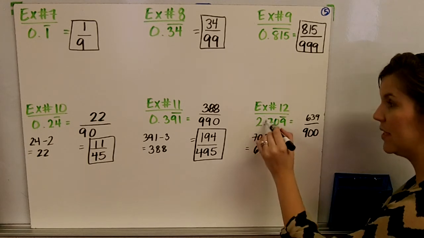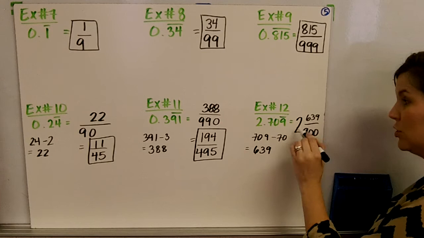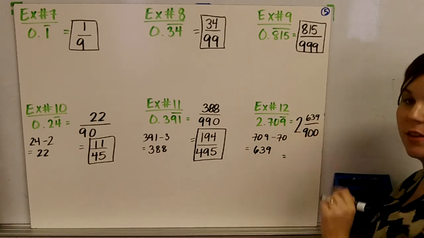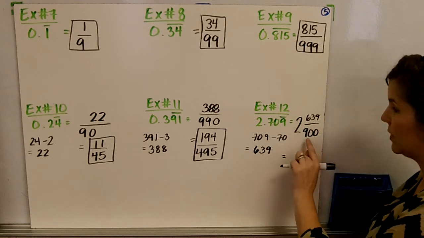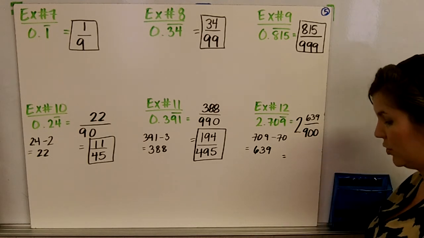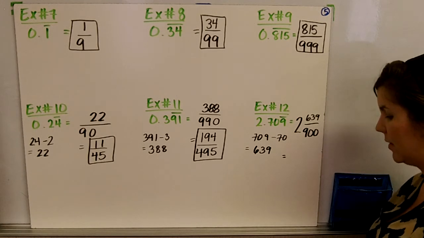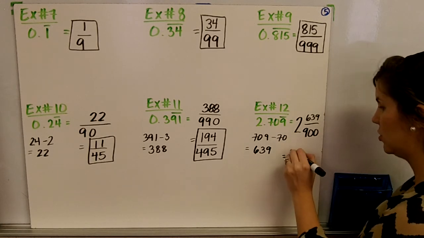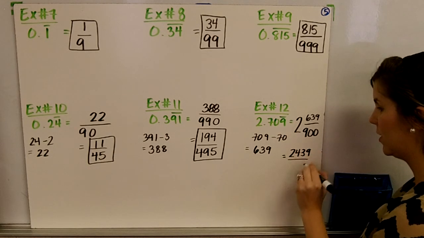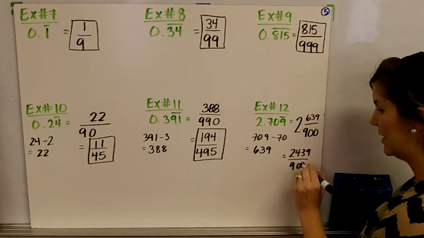All right. Now this 2 is still a whole number, so it's 2 and 639 over 900. We're going to convert this to an improper fraction, so we say 900 times 2 plus the numerator, plus 639, gives us 2439 over 900.